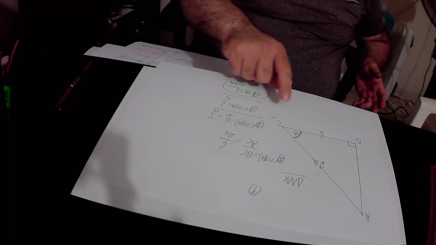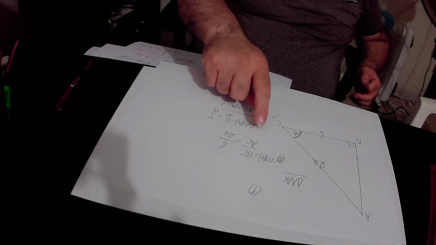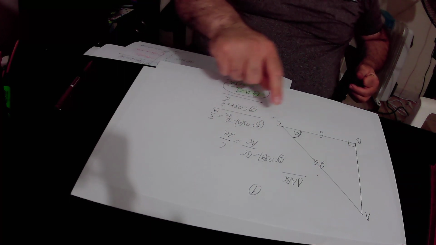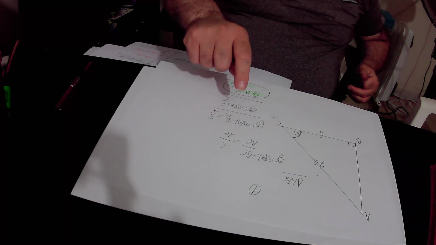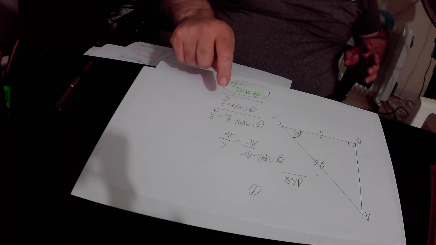So in this right triangle, we know that cosine alpha equals BC over AC. BC is 6, AC is 2A. So in conclusion, cosine alpha equals 6 over 2A.